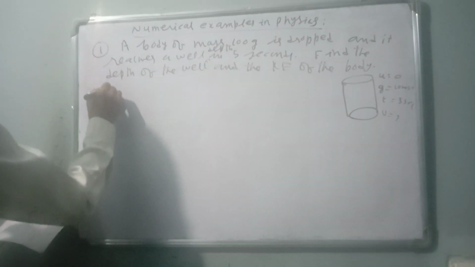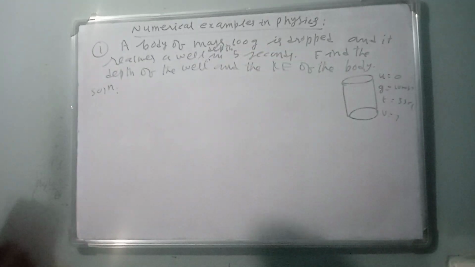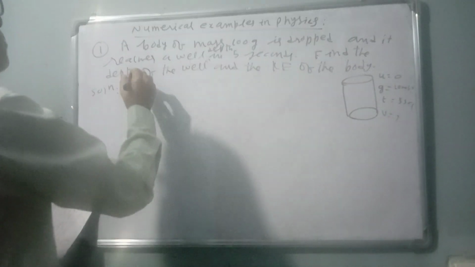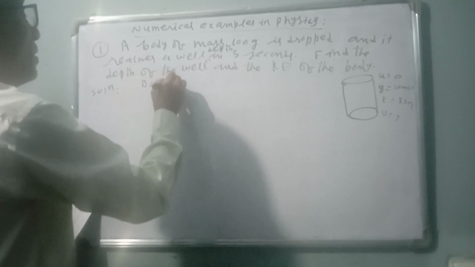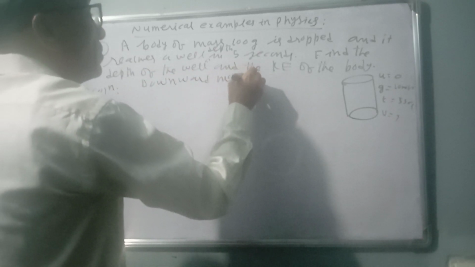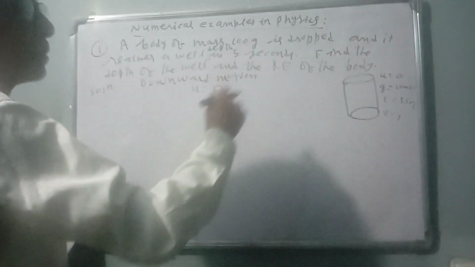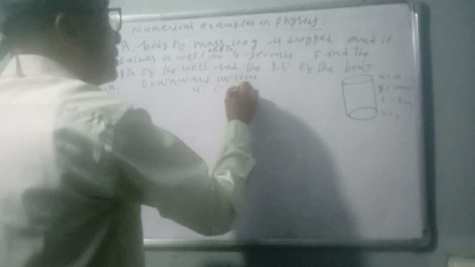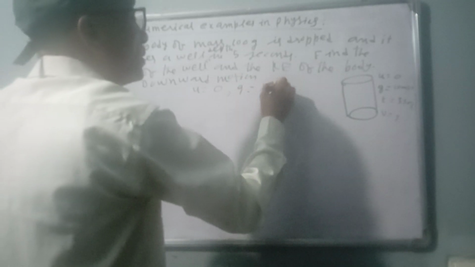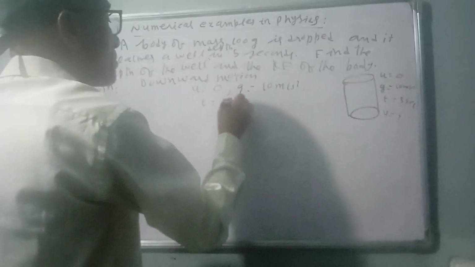Solution: you have already learned the theory for downward motion. For downward motion, I am going to write it again. U equal 0. You get g equal 10 meter per second square. Time taken is 5 seconds.